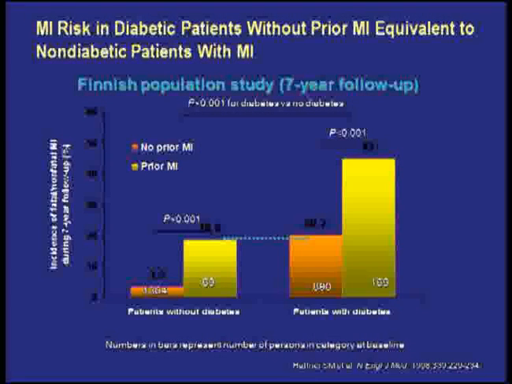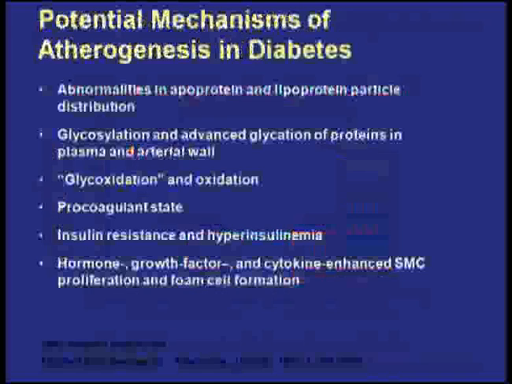Very interesting slide: MI risk in a diabetic patient without prior MI is equivalent to that of a non-diabetic patient with myocardial infarction, while a non-diabetic patient has a much lower risk of MI, and a diabetic patient without prior MI is very prone to CVD.